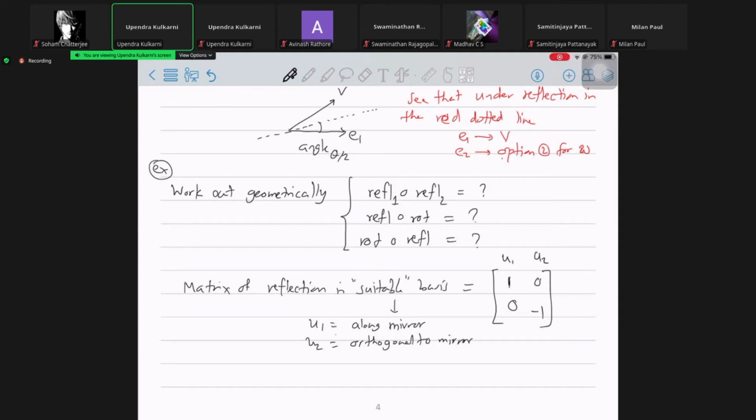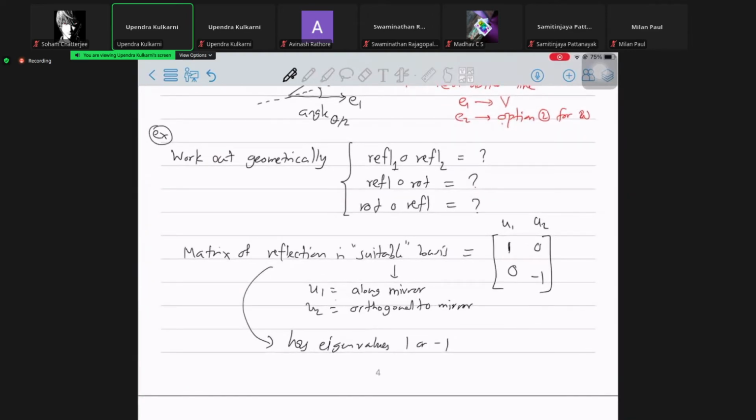But you can sort of see that from the matrix of the rotation. Okay. So eigenvalues: reflection has eigenvalues 1 and minus 1.